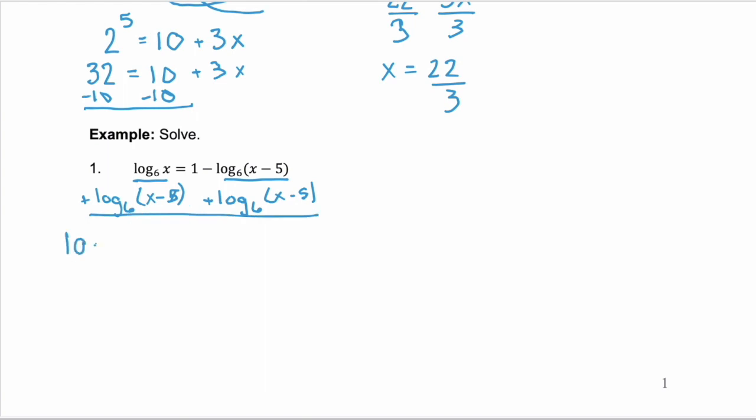Then we have log base 6 of x plus log base 6 of x minus 5 equals 1.